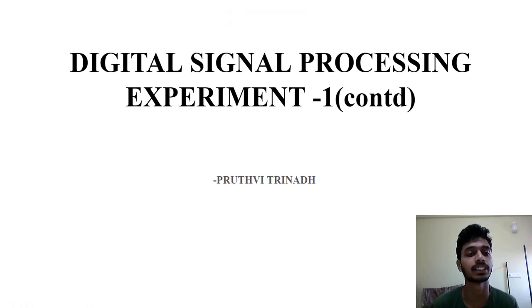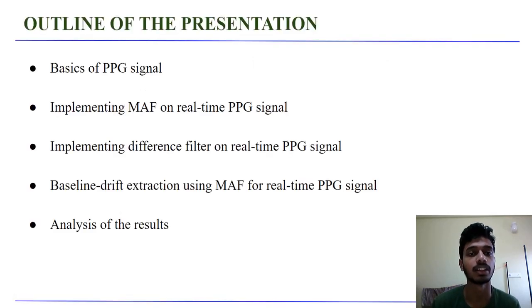This video can be considered an extension to the experiment in the previous video. The objectives of this presentation are, first, basics of PPG signal, followed by implementing a moving average filter on real-time PPG signal.